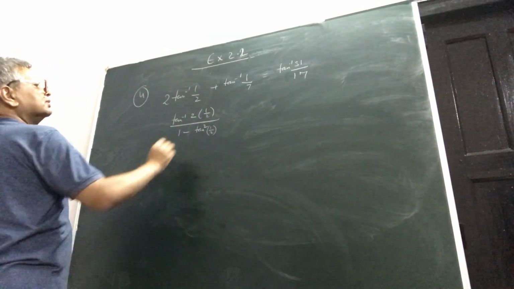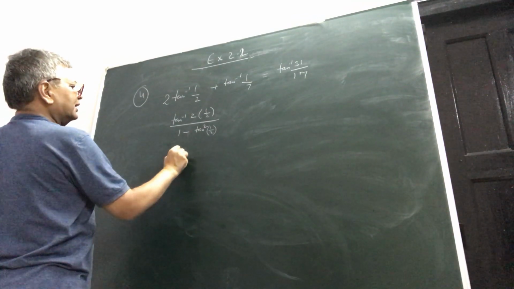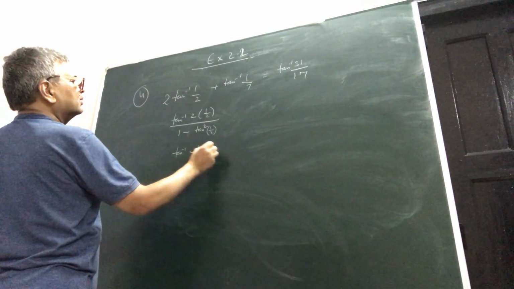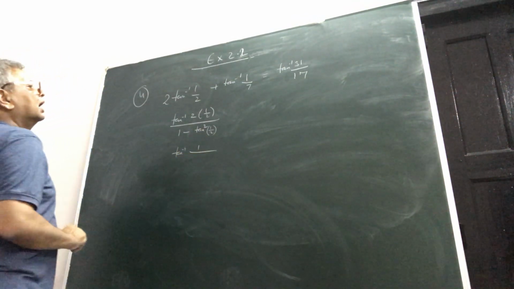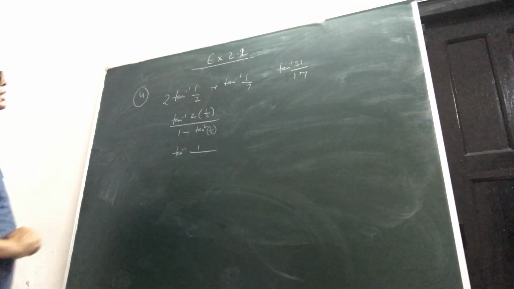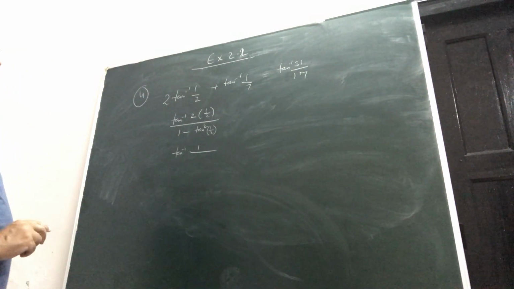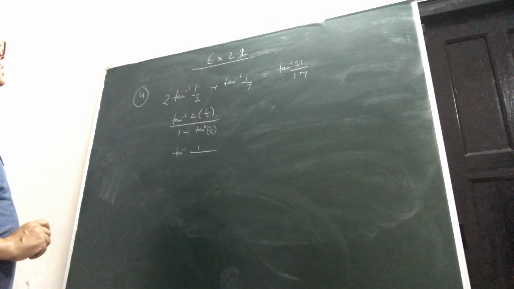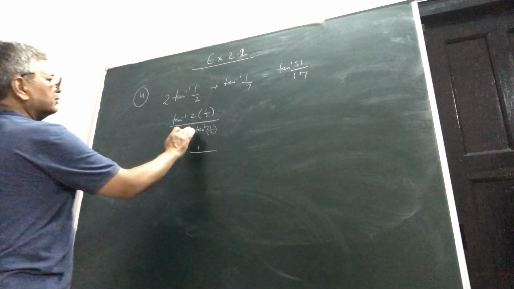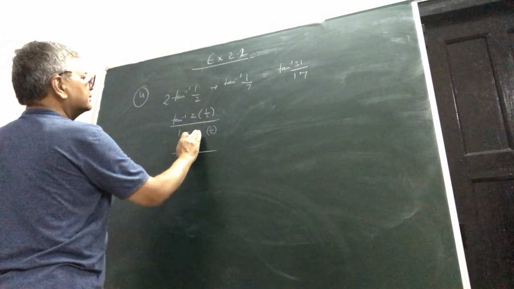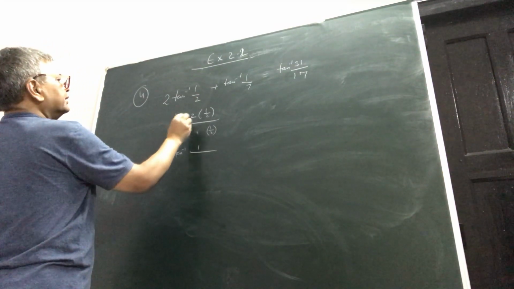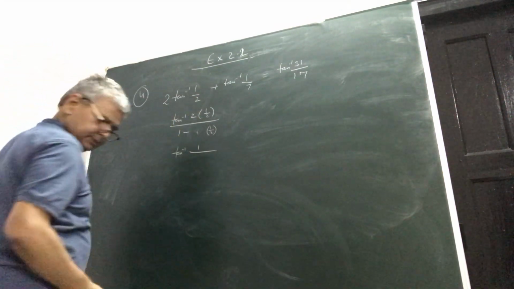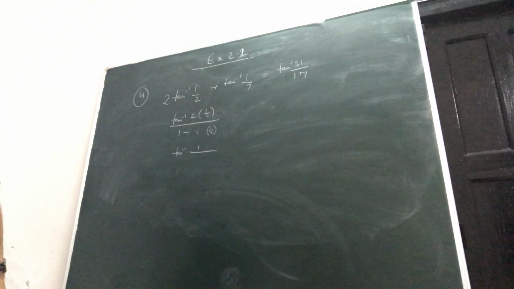That's all. So 2 goes, so it is tan inverse 1 upon 1 minus... sorry, it won't be like that, let me write it afresh.